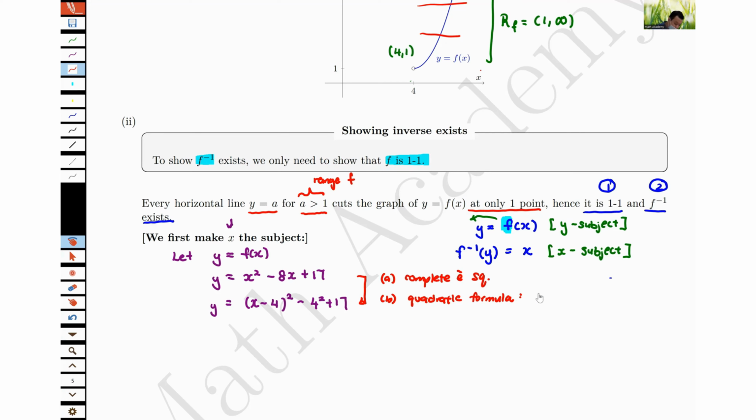The quadratic formula is the one that's slightly more confusing. You have to apply your negative b plus minus. This is the quadratic formula that I'm referring to in order to make x the subject. Usually I will go for completing the square, but it's up to you, both are fine.